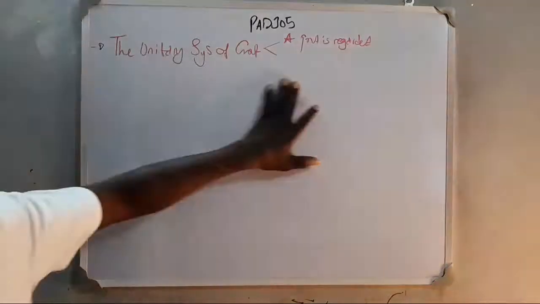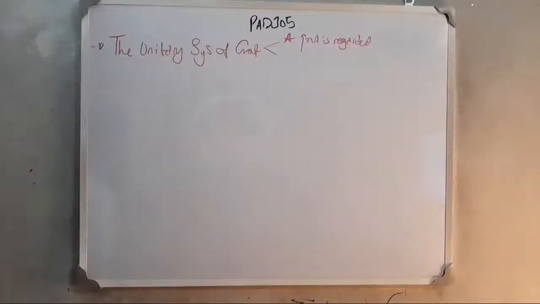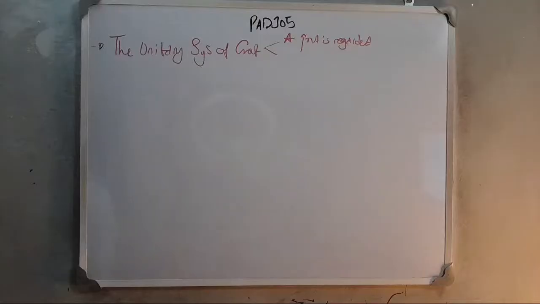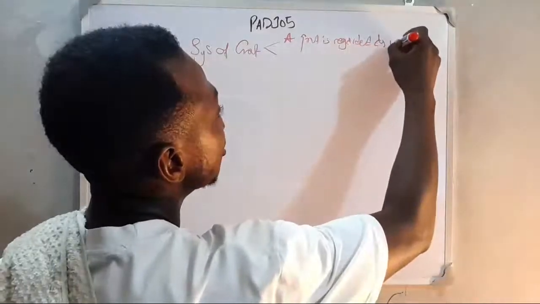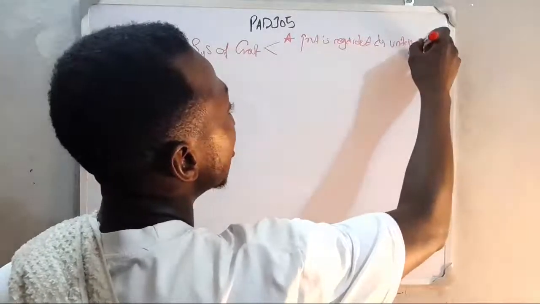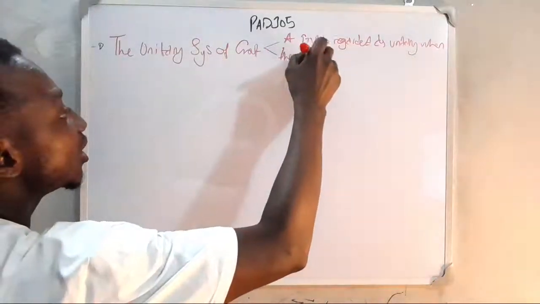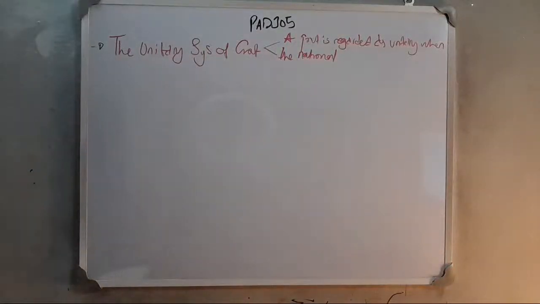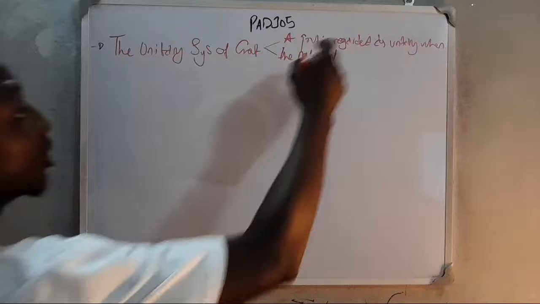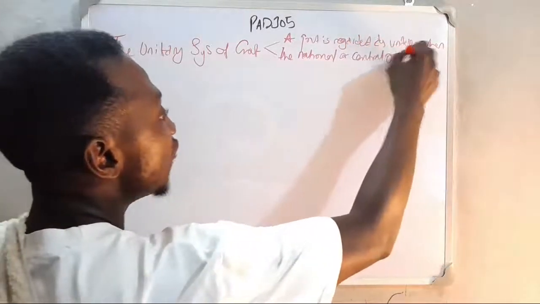A government is regarded as unitary when the national or central government is supreme.